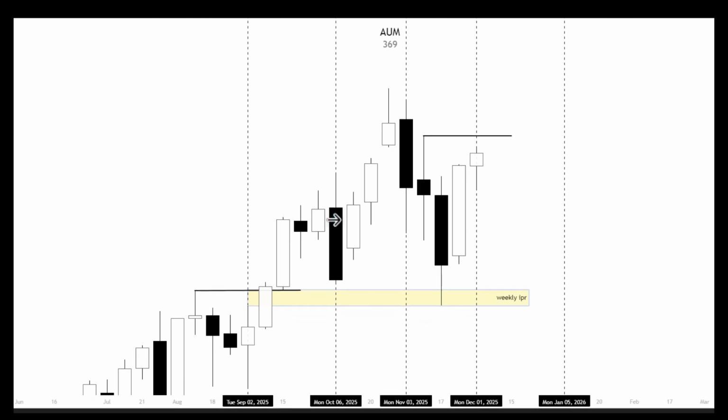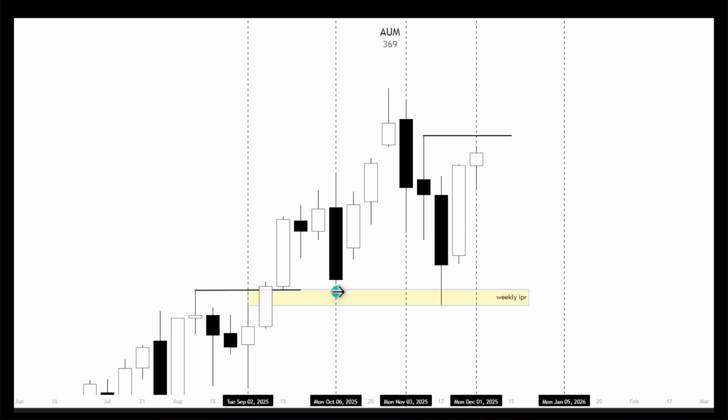As you can see, I have plotted out this fair value gap right here, which we call a weekly IPR. The swing low gets taken with displacement, creates a gap, which repeatedly gets balanced.